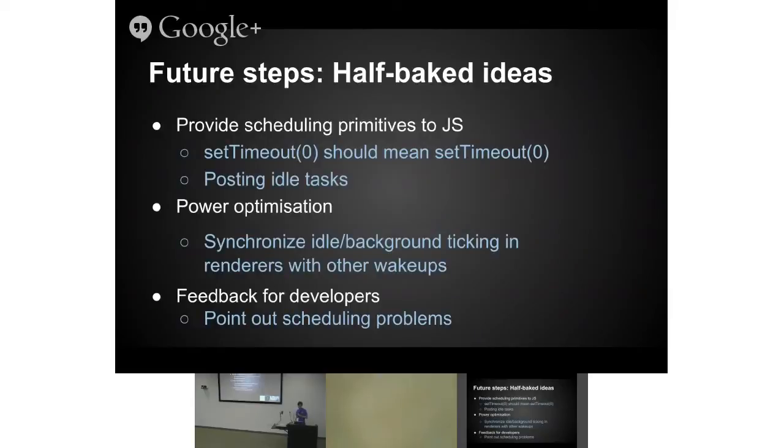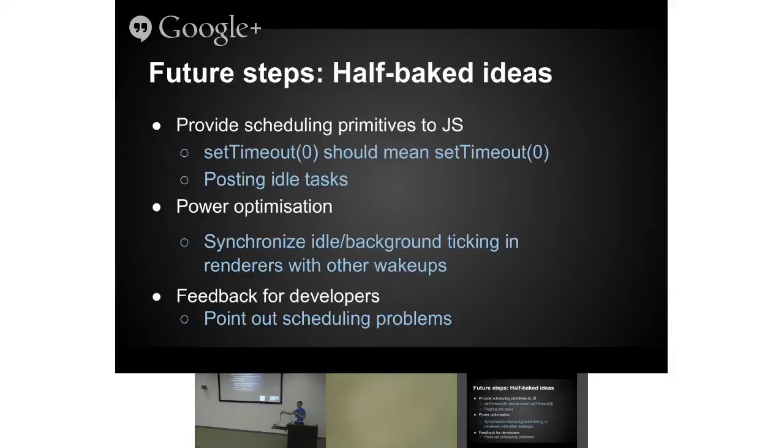And yeah, in the spirit of BlinkOn, I listed some half-baked ideas as well that we've been throwing around. The first one is not really directly related to the scheduler, but I'm sure many of you may not know that when you do setTimeout 0 from JavaScript, it actually gets rounded up to setTimeout 1 internally.